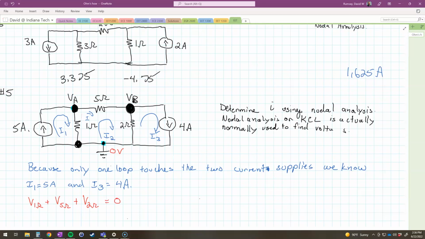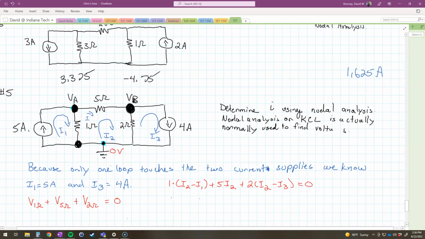Now, using Ohm's law, just like we did in the Tech Live yesterday, we could have 1 times I2 minus I1, plus 5 I2, plus 2 times I2 minus I3, equals 0.